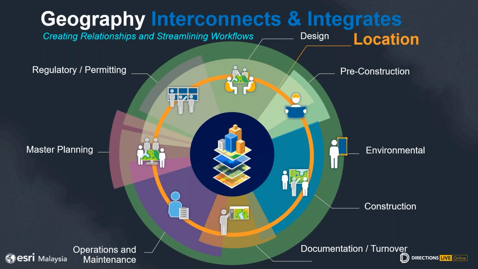By leveraging geospatial, we can create relationships and streamline workflow across different departments, whether it comes from master planning, the design department, construction, or towards operation and maintenance. Geography bridges information silos, allowing different departments to work together more efficiently, ensuring better checks and balance.